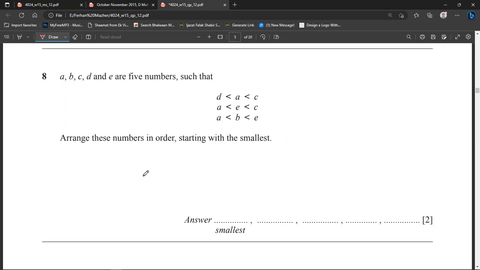Okay. So the smallest of them is D, I think.